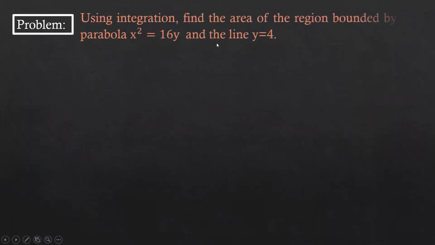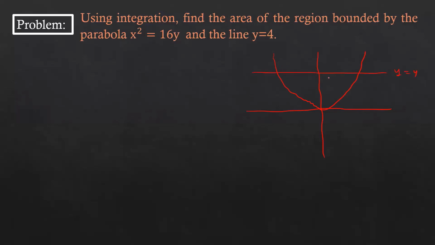So there is a problem, and you can snap that and try to solve that problem. So here is x square equal to y, and y is equal to 4. This is this type of picture, and the area bounded by the curve of an upward parabola and the line y is equal to 4, starting from 0 to the y is equal to 4 line. So actually you have to find the area.